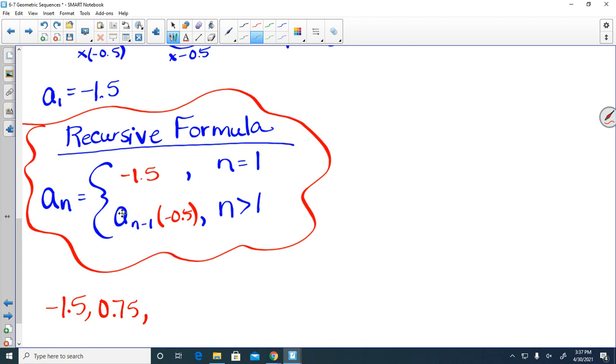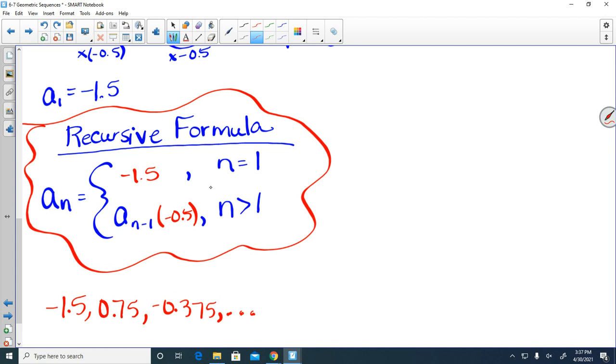To get the next term, I would take my previous term, which is 0.75, times negative 0.5, and get negative 0.375. And I can do that for as long as I wanted to.